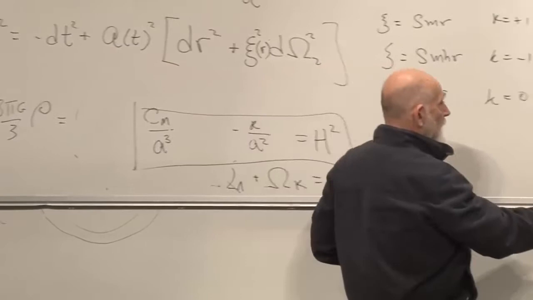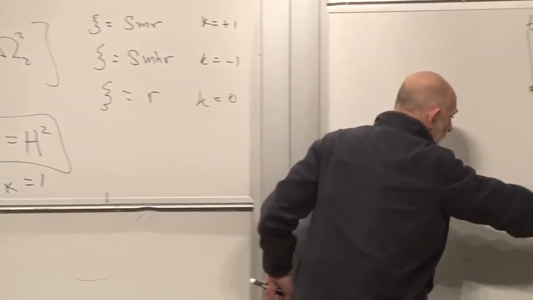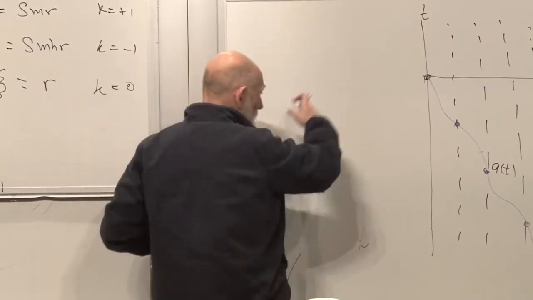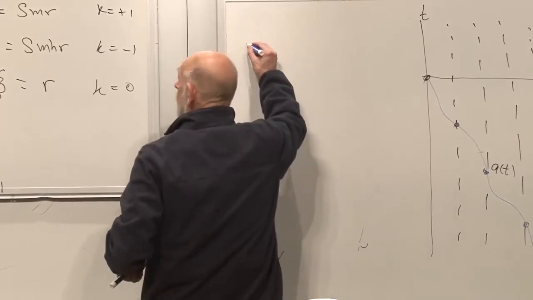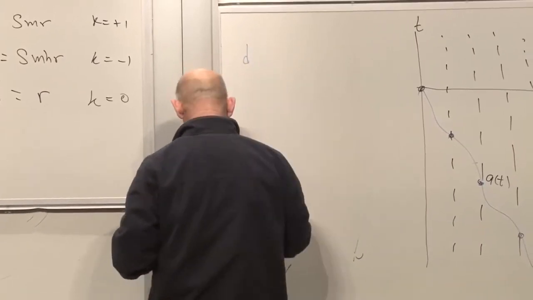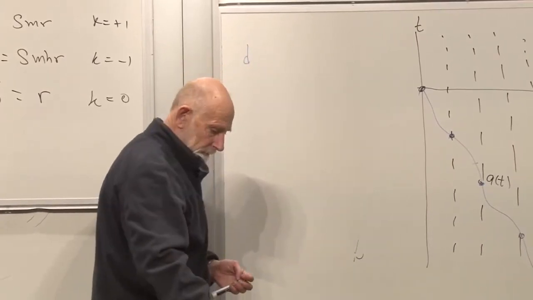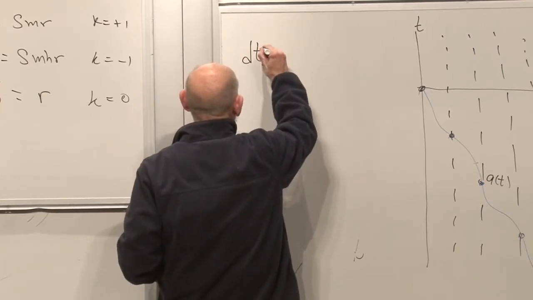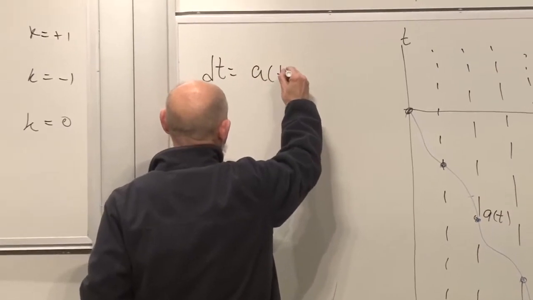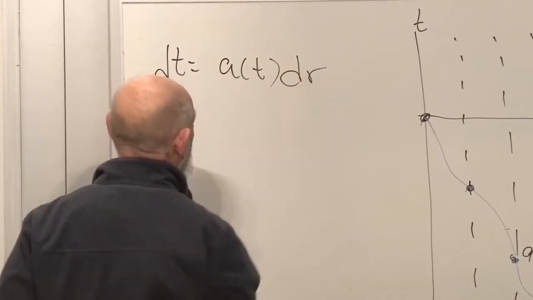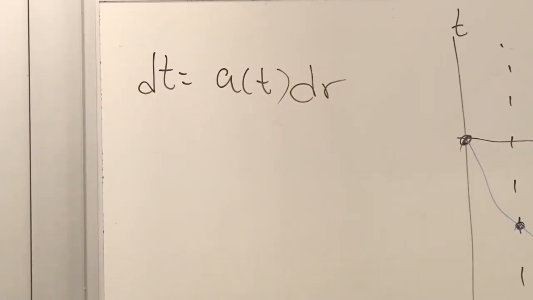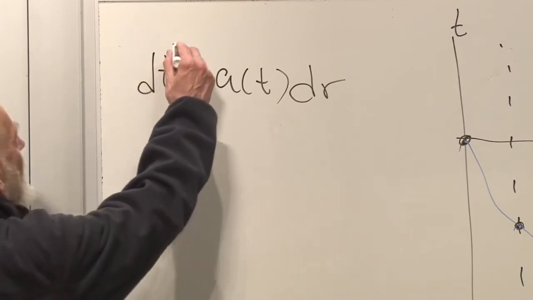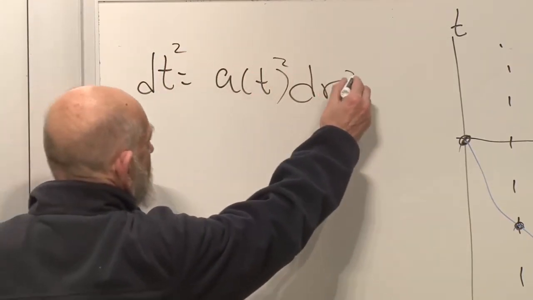All right, so for a null ray, an imaginary backward moving light ray, dt is equal to A of t dr. Now I have the sign wrong. Of course, what's true is dt squared is equal to A of t squared times dr squared.